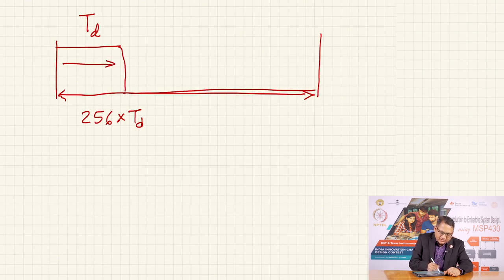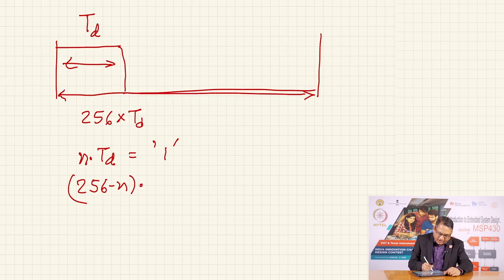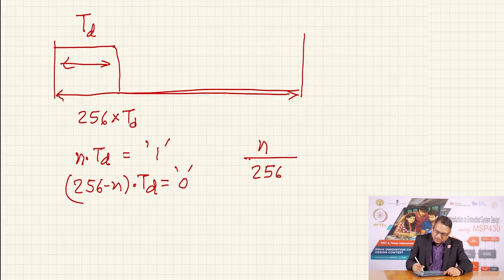If some integer multiple n into Td is kept at logic 1, then 256 minus n into Td is the time for which the output is 0, and therefore I will be able to generate a duty cycle which is equal to n upon 256.